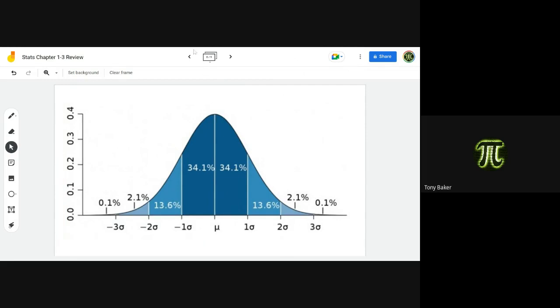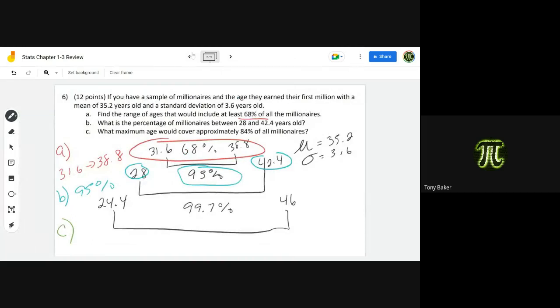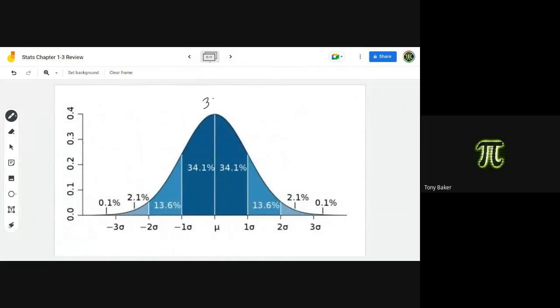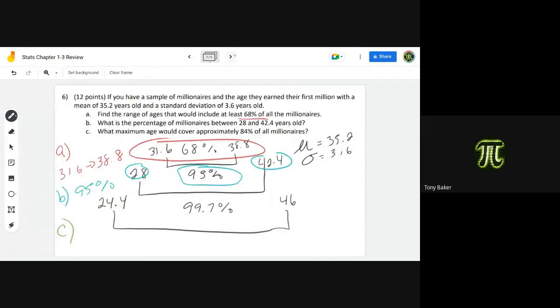So this right here, right in the middle, was 35.2. And then this was 38.6, right? No, 38.8.